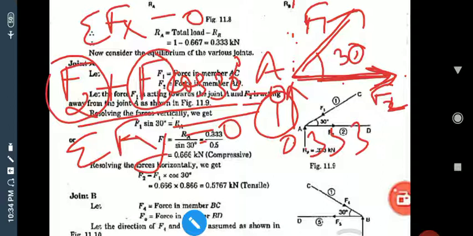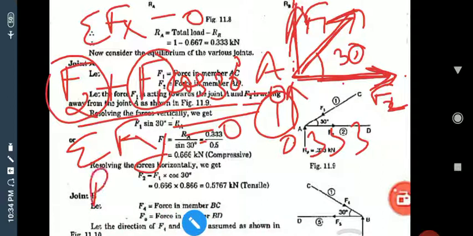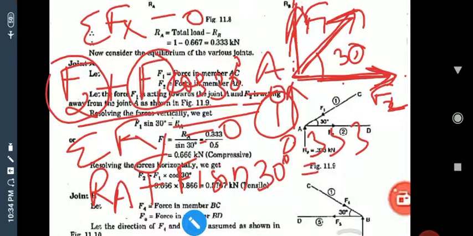The forces acting in the y direction are the reaction at point A, which is 0.333 kilonewton, and the component of F1 acting in the y direction. Both are acting upwards, so let's take upward as positive. RA plus F1 sin 30 degrees equal to 0.